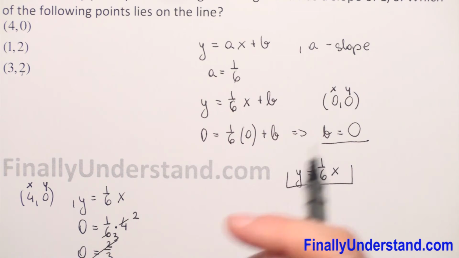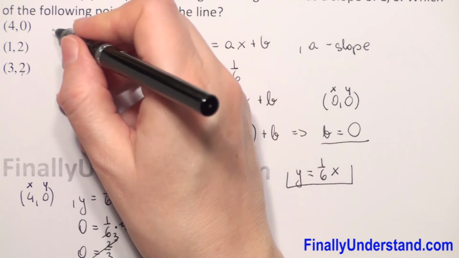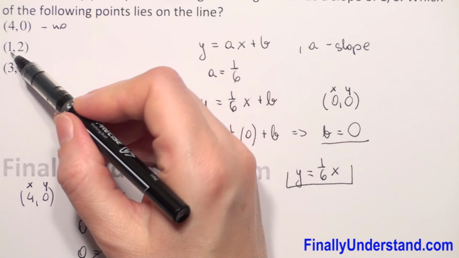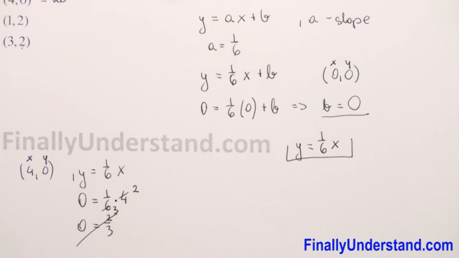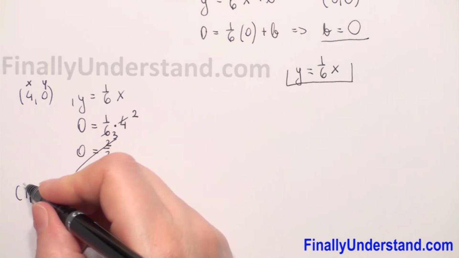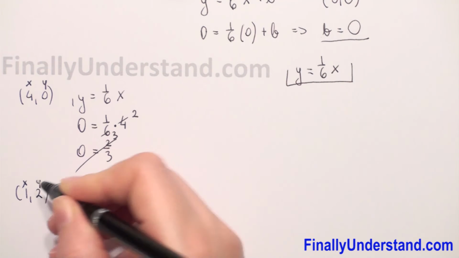So let's check the next. The second point is 1, 2, with coordinates 1, 2. Again, let's copy the formula of our function, and now we need to substitute x by 1 and y by 2.